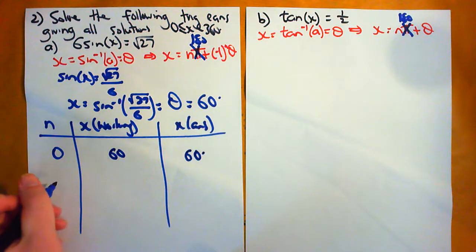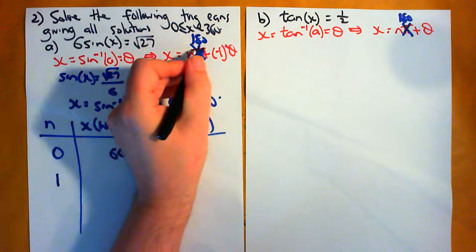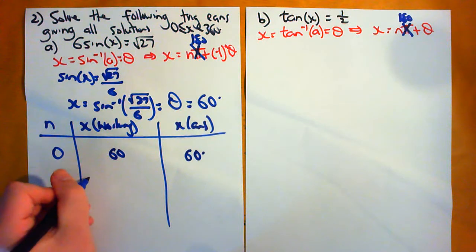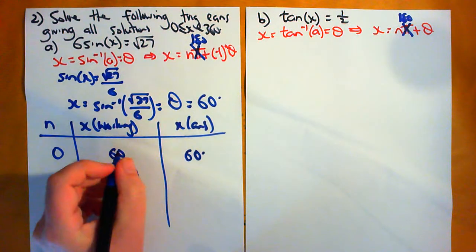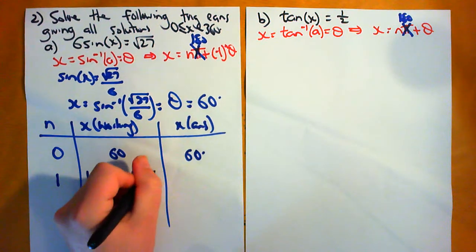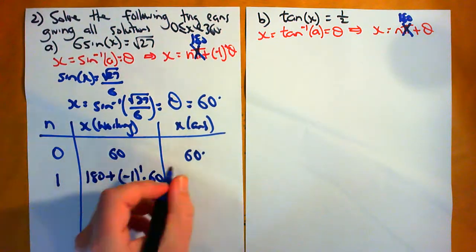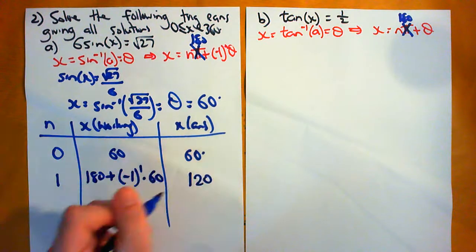For n equals 1, we get n times 180 is 180 times 1 is 180, plus minus 1 to the power of 1 times 60. If we calculate that we get 120.